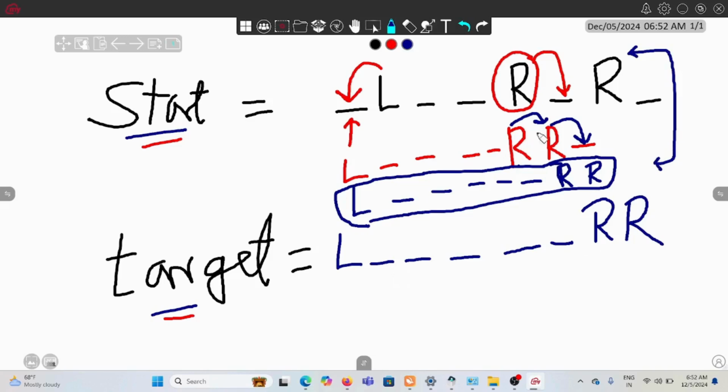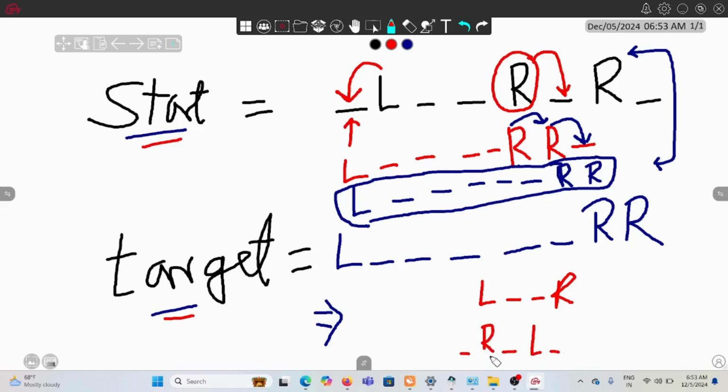Guys, you can observe one thing here: R and L cannot cross each other. Let's say a string is something like L underscore underscore R, and we have another string something like R underscore underscore L and underscore.